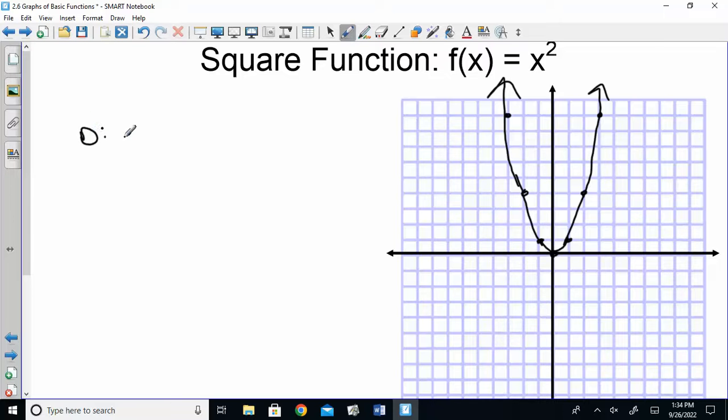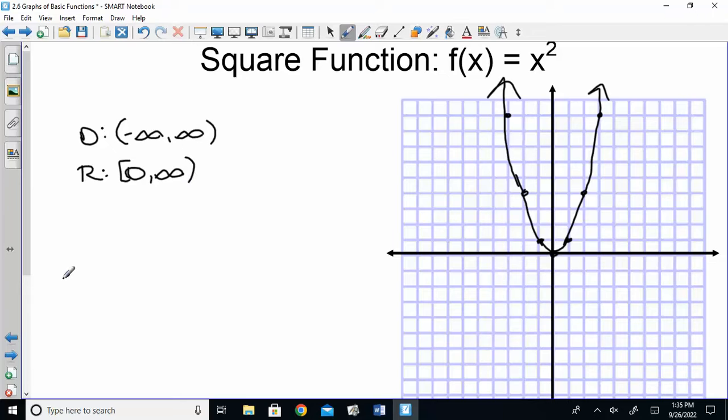What's the domain of this one? What about the range? So how do we write that in interval notation? And since it hits 0, it gets a bracket.